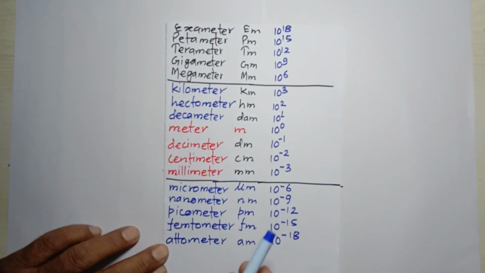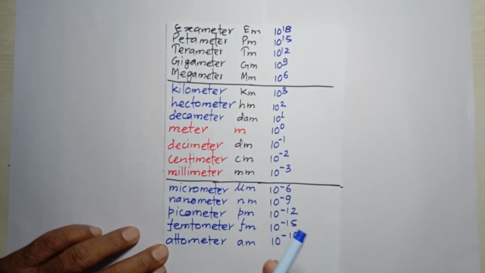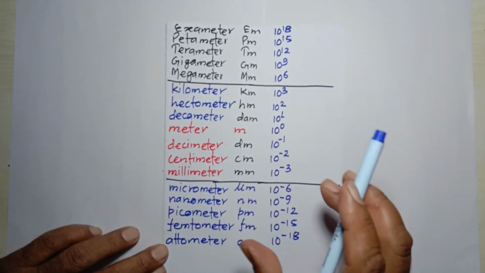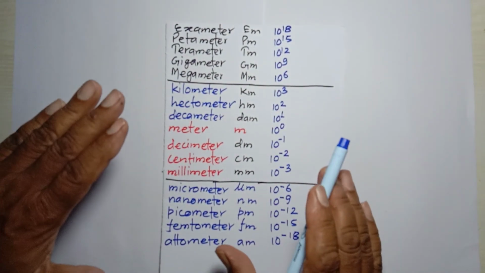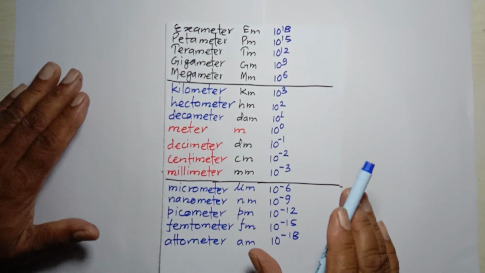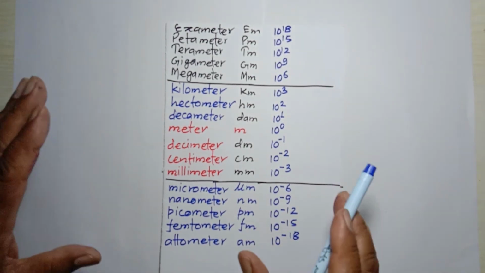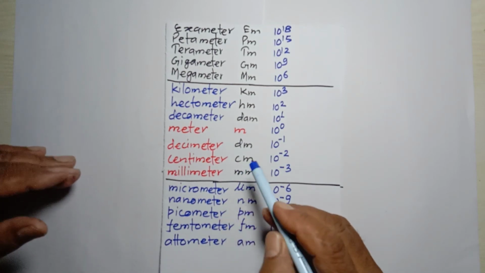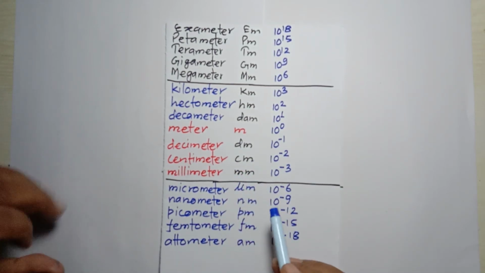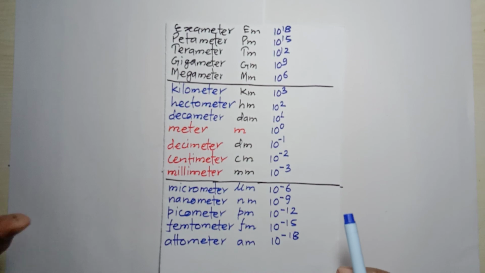This way we can remember very long distances and very short distances. This is called the metric system, and the metric system is designed in such a way that each quantity is related to another quantity in terms of powers of 10. Okay, this much for today.